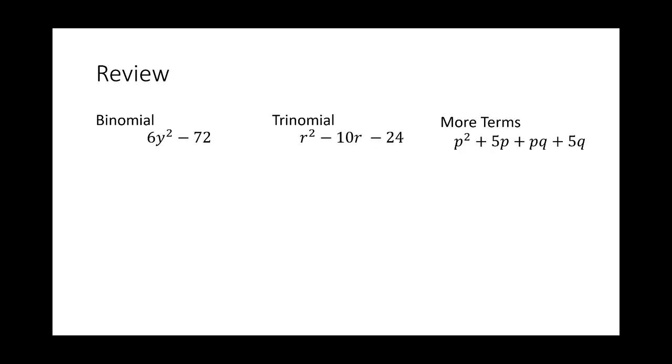So for the binomial, remember we want to see what we can factor out. So I'm going to just check this really quick. 72 I know is 6 times 12, 6 is 2 times 3, and 12 is 3 times 4, which is 2 times 2.